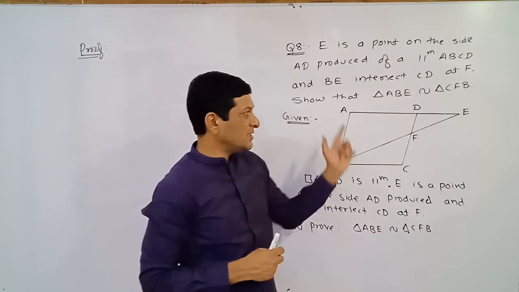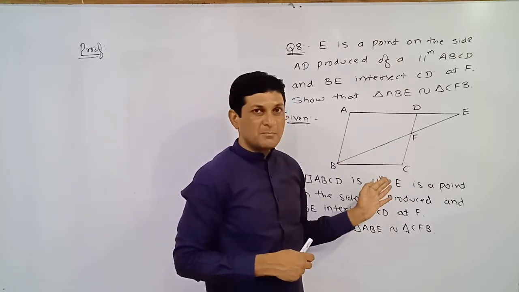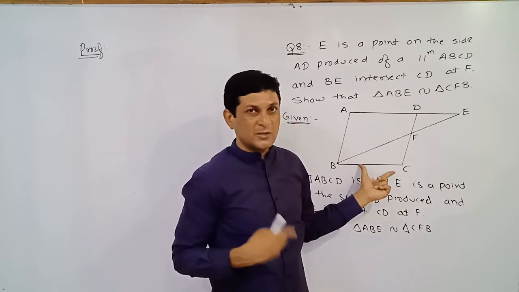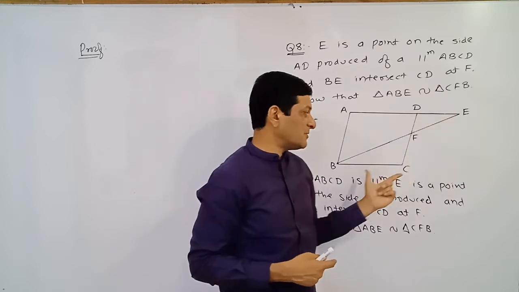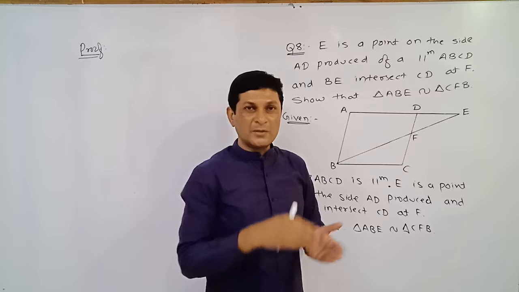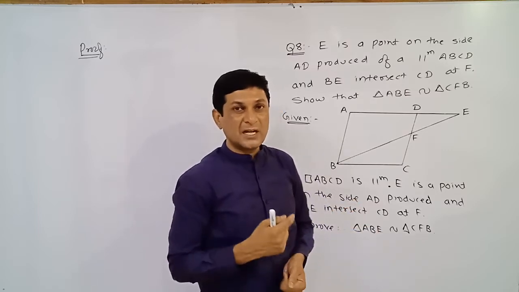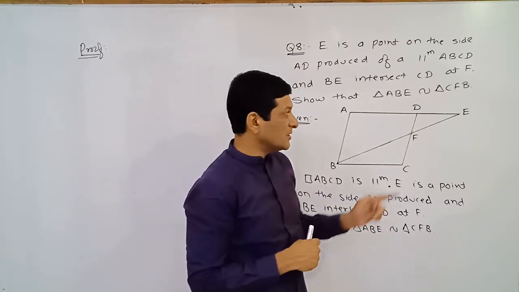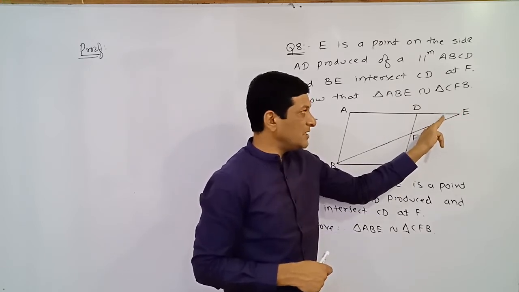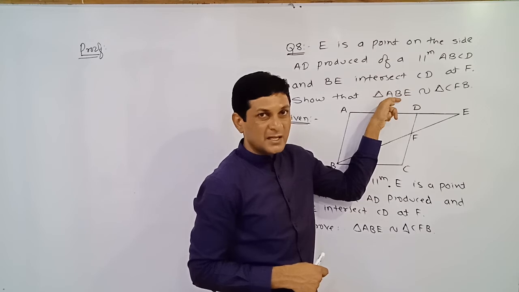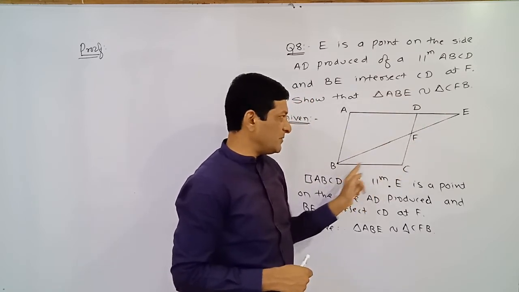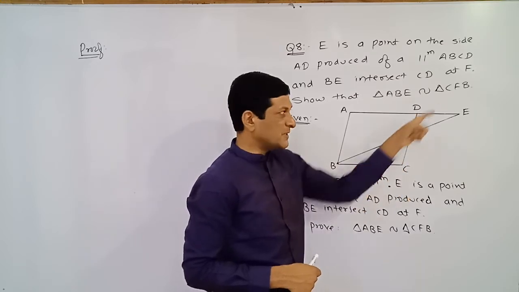Now again, if you observe here, this quadrilateral is a parallelogram, which means opposite sides are parallel, so AD is parallel to BC, or in other words we can say that AE is parallel to BC. And if two lines are parallel to each other, then a pair of alternate angles are equal. So for this transversal BE, we can say that this angle E, the angle of triangle ABE, is equal to angle B, that is angle FBC of the second triangle.